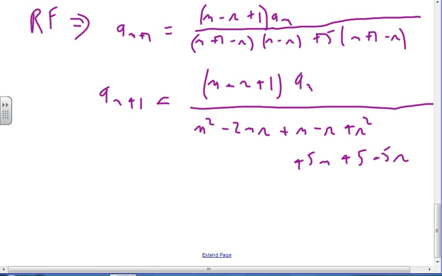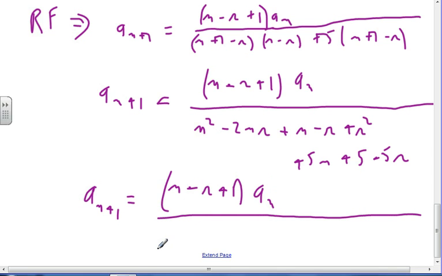Okay, so I've got a n plus 1 equals n minus r plus 1 a n divided by, okay, I've got an n squared.